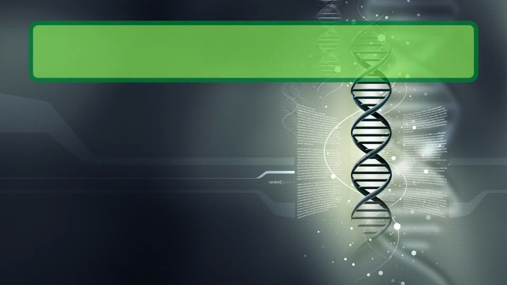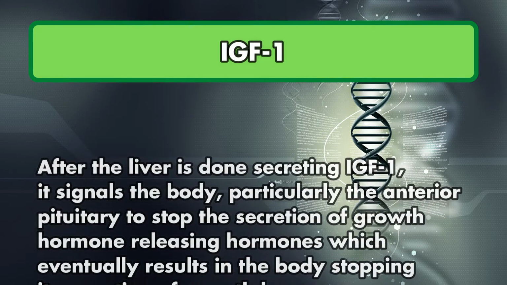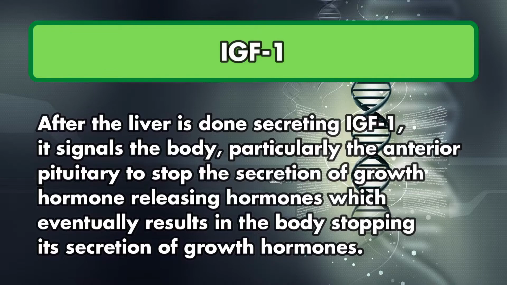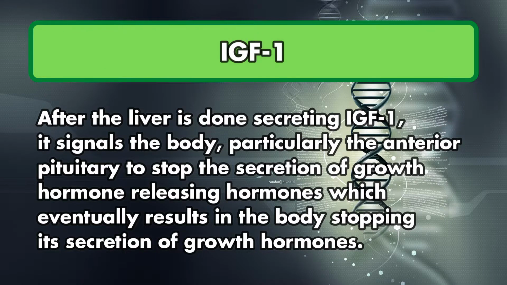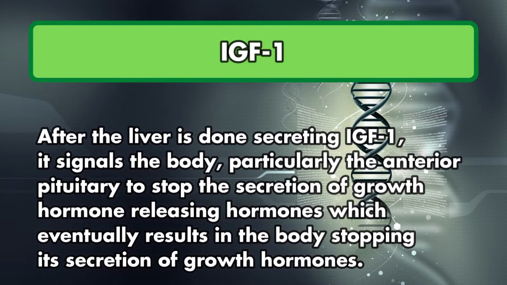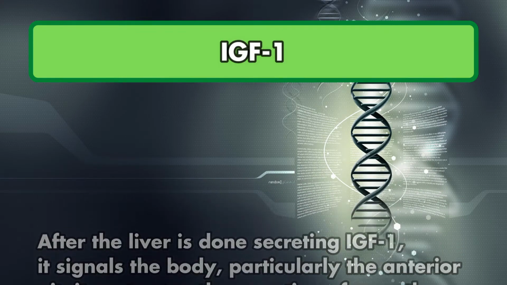After the liver is done secreting IGF-1 and helping the body achieve homeostasis by lowering the plasma amino acid levels and increasing the plasma glucose levels to their normal range, it signals the body, particularly the anterior pituitary, to stop the secretion of growth hormone releasing hormones or GHRH, and this eventually results in the body stopping its secretion of growth hormones.